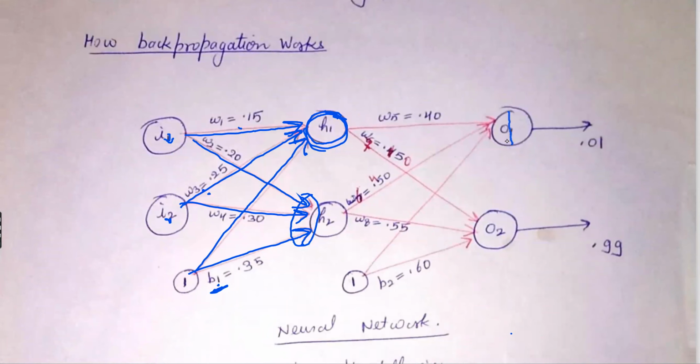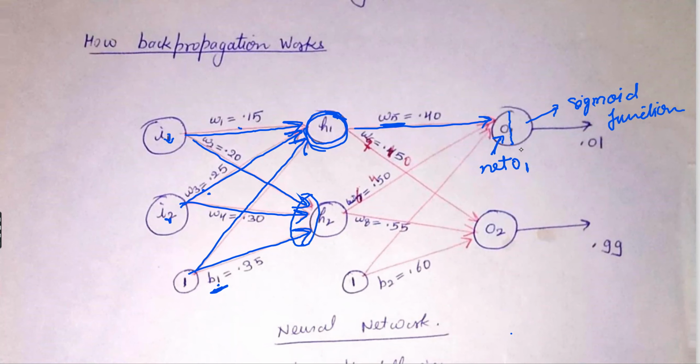For calculating net O1, the output of H1 is multiplied by W5, because this is the input for O1, and then the output of H2 is multiplied by W6, plus the bias value B2.